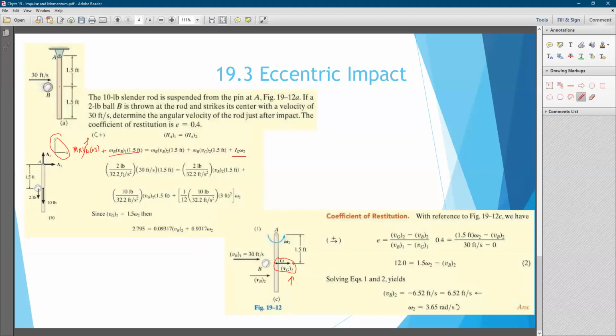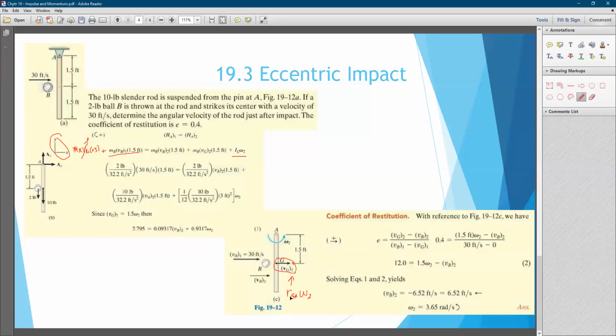After you plug in all the values, you know that Vg2 is on this particular rod, so Vg2 is equal to RGA times omega 2.